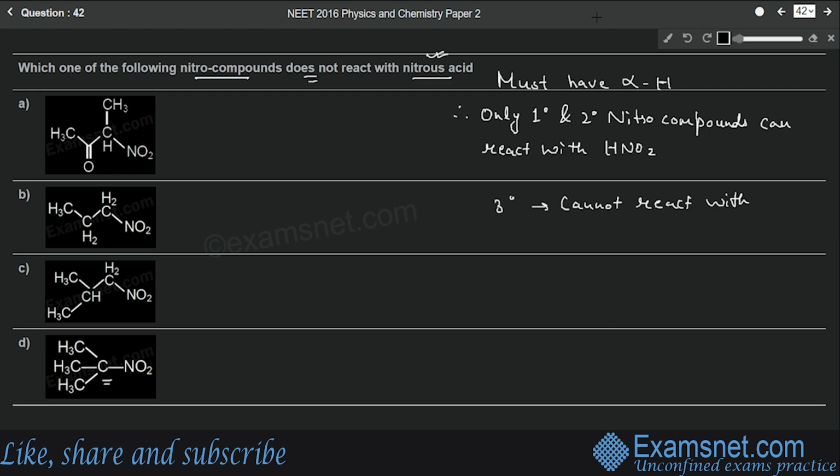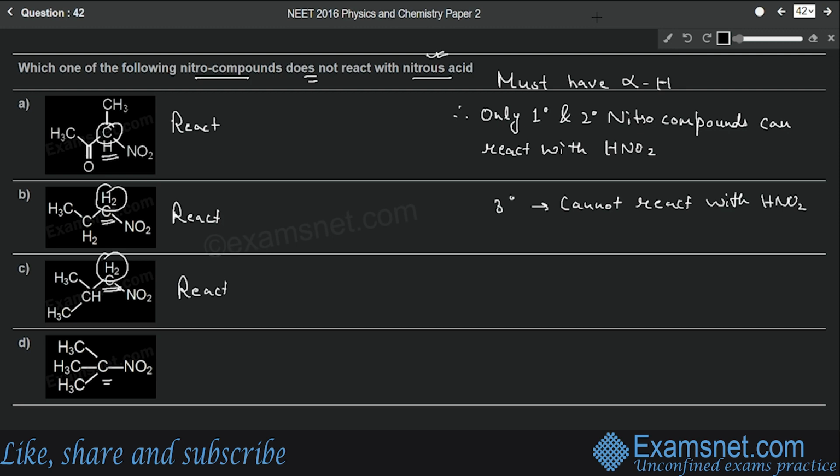with nitrous acid, HNO2. So let's check. In the first option, this is your alpha carbon and it has an alpha hydrogen attached to it. This will react with nitrous acid. In the second one, again this is your alpha carbon and there are two alpha hydrogens attached, so it will also react. In the third one, this is your alpha carbon, and two alpha hydrogens are attached, so this will also react.